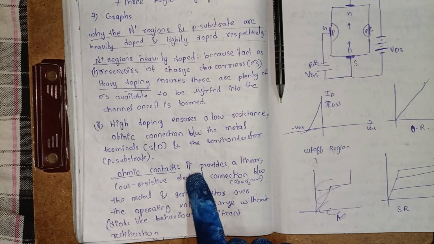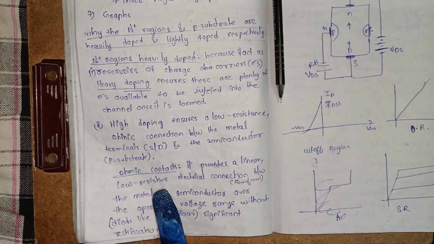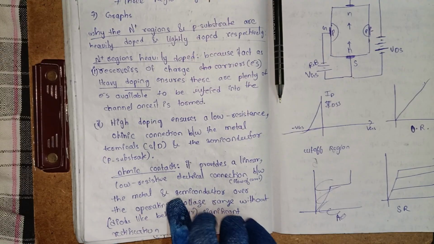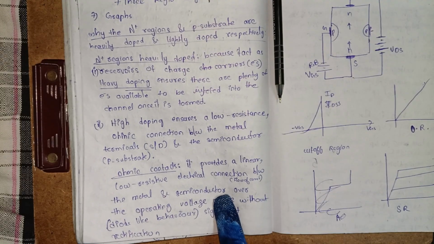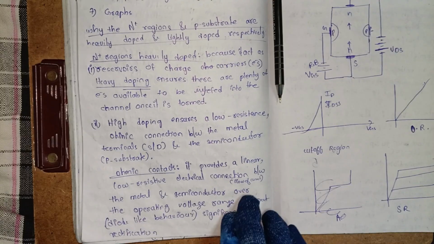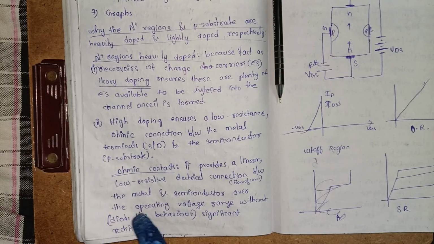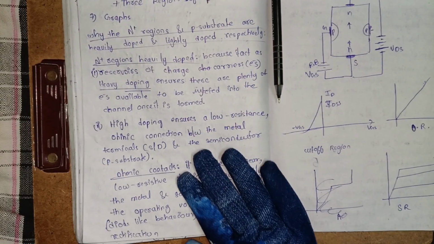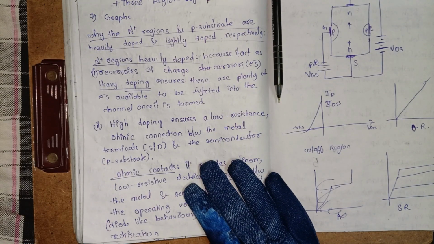So ohmic contact means it provides a linear low resistive electrical connection between the metal and semiconductor. Semiconductor means p-type substrate over the operating voltage range without significant rectification means without converting AC to DC.